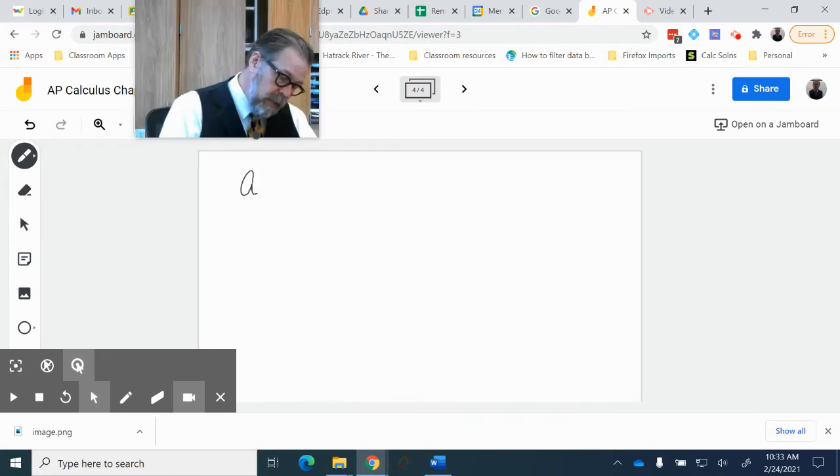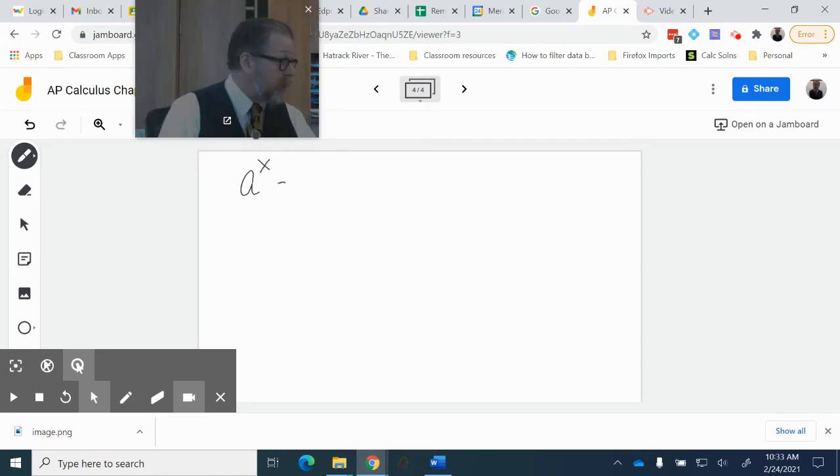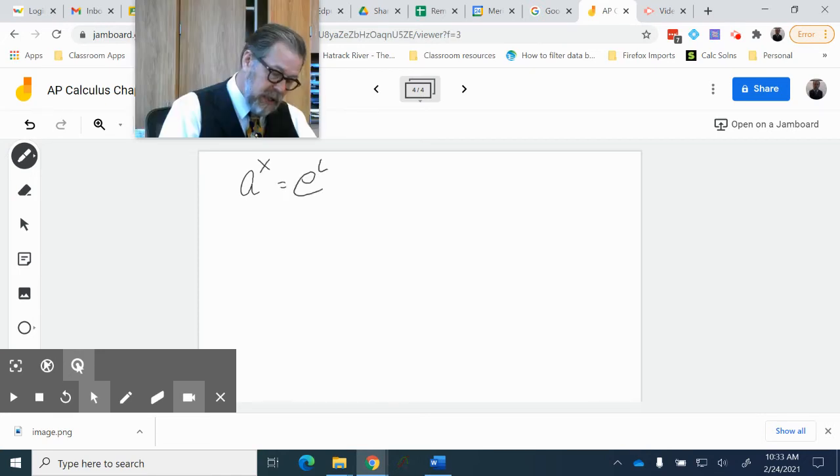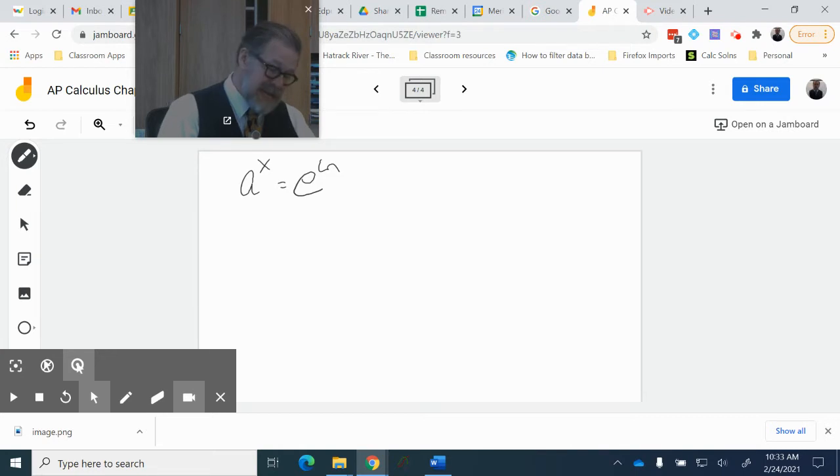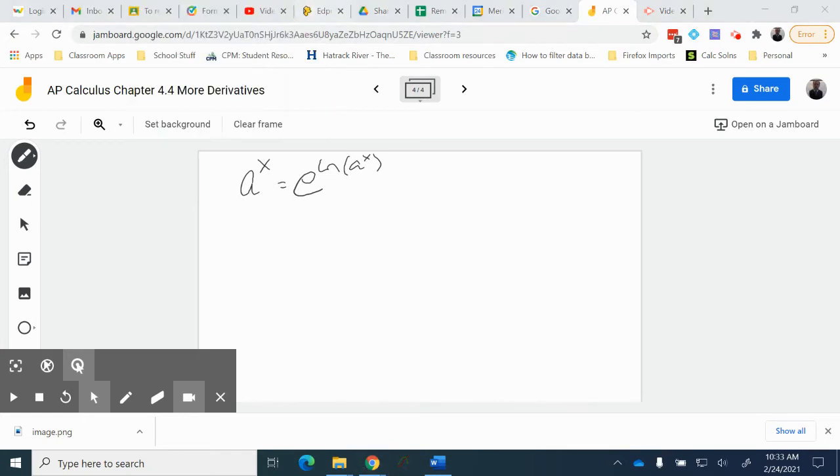I could rewrite a to the power of x as e to the natural log of a to the x. And I apologize that this is blinking on and off. It was supposed to be fixed. Very frustrating. Remember, e to the power of natural log, they cancel each other out.